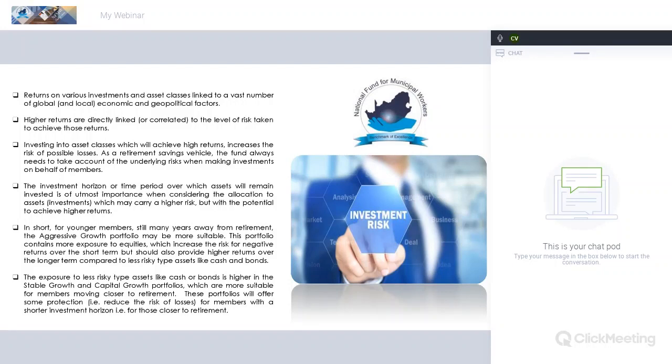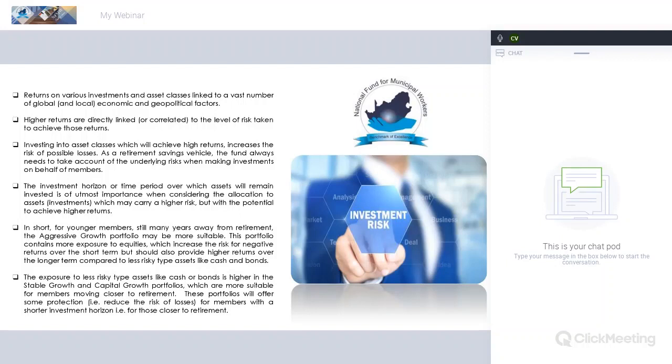The investment horizon of your investment is of utmost importance, because if you do have a long-term investment horizon, volatility may become less important, whereas if you have a short-term investment horizon, you do not necessarily want to experience volatility. Therefore, younger members can take on more risk and more volatility as they will have a longer time horizon to invest their funds and build up a sufficient fund credit.